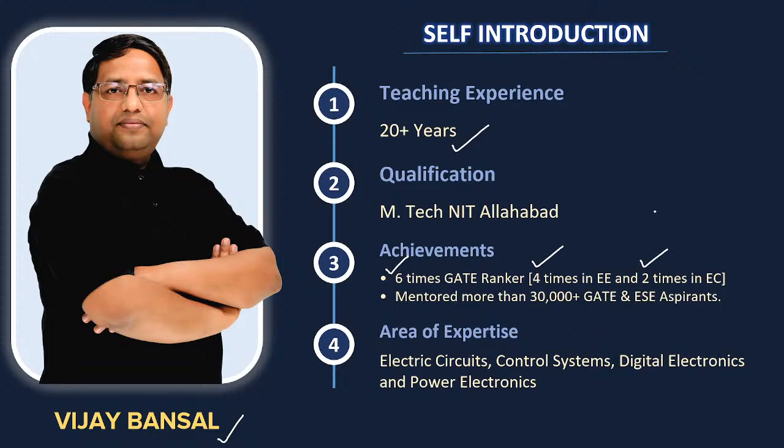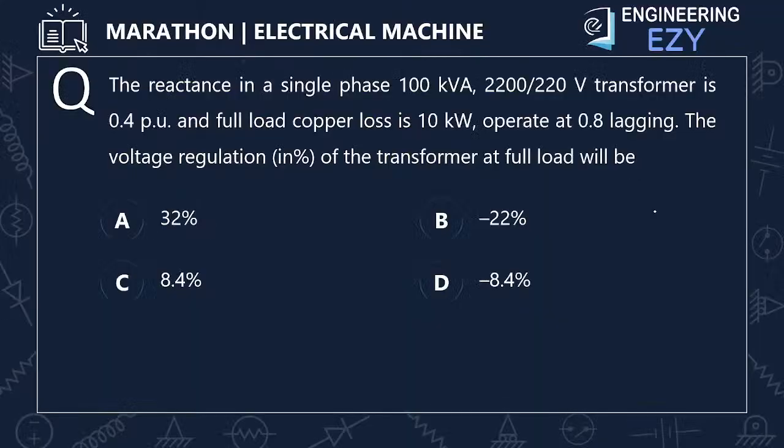Good evening everyone. So let's start the session with the first question. The reactance in a single phase 100 kVA, 2200/220 volt transformer is 0.4 per unit. It is the reactance. X per unit is 0.4 and the full load copper loss is 10 kilowatt, operating at 0.8 lagging.